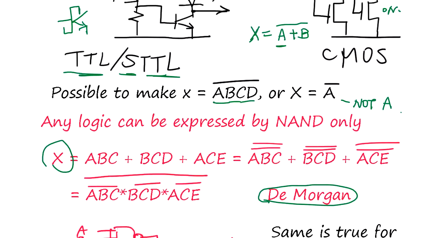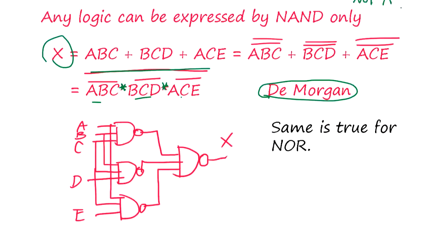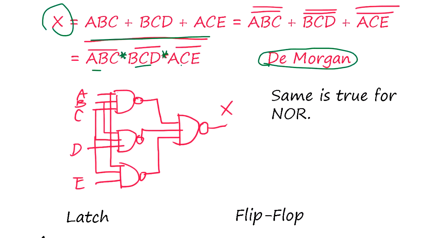Then what we do is not, right? The inside is going to be the multiply of these terms and not, right? According to De Morgan's. So only NAND gate is sufficient to have this expression.